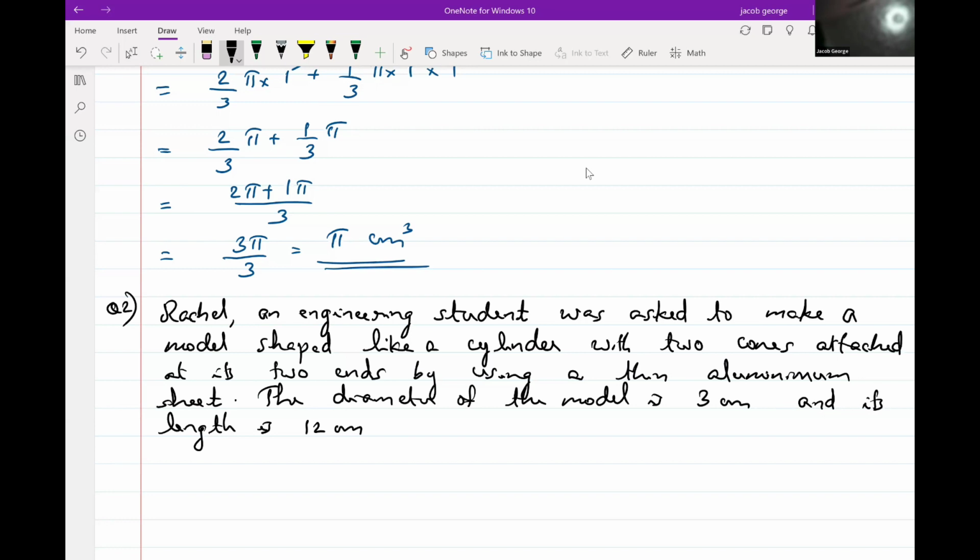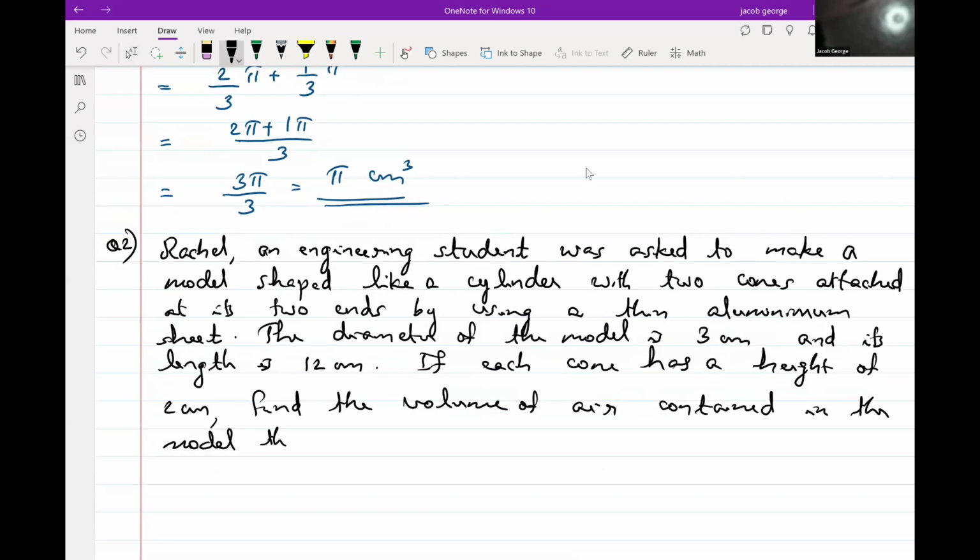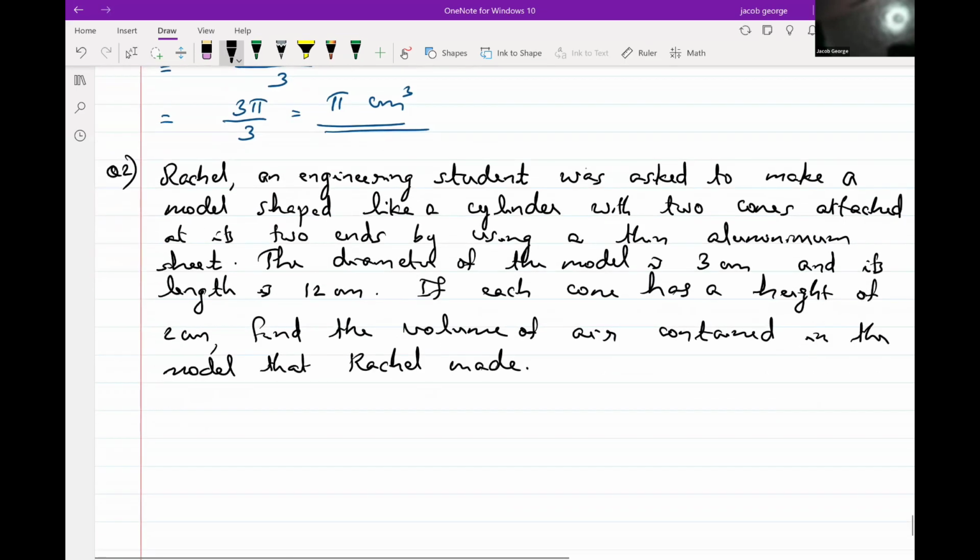If each cone has a height of 2 centimeters, find the volume of air contained in the model that Rachel made.